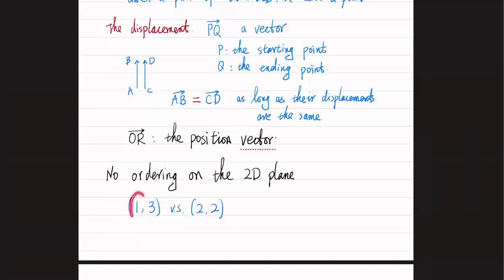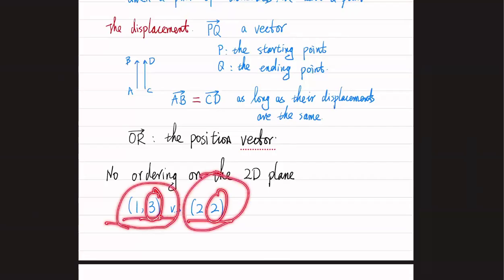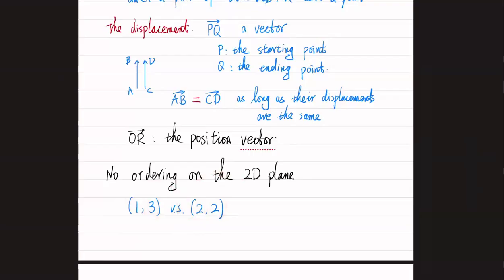If we look at the first coordinate, this point is bigger. But if we check the second coordinate, this point is bigger. So which one is bigger for these two? There's no logical way to say one is bigger than the other. There's no ordering on a two-dimensional plane.